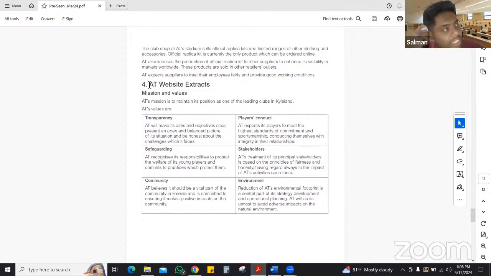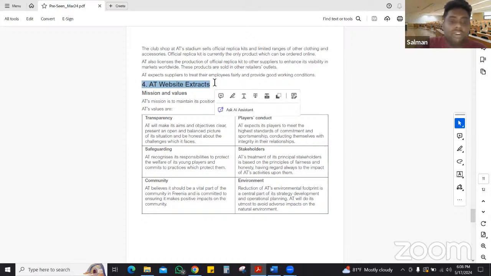And in the last year's cases, most of the pre-seens had also included an element on website extracts. So I've been observing this particular section on website extracts given for many of the pre-seens. Because nowadays, when you're running an organization, you cannot get rid of the influence of the internet.